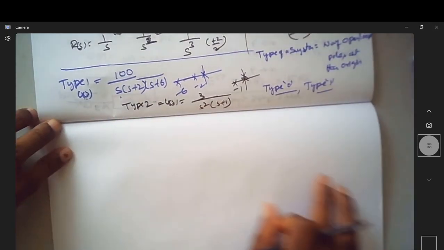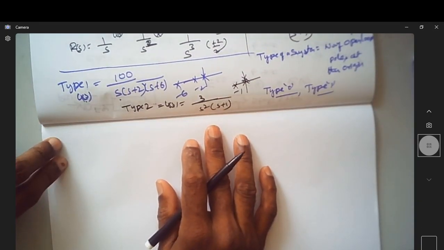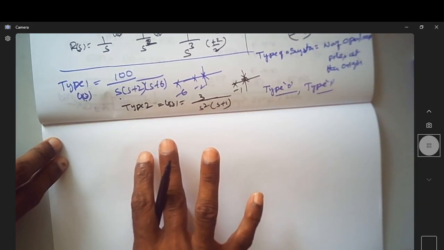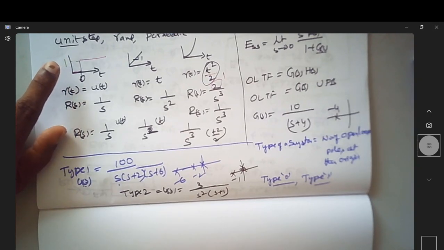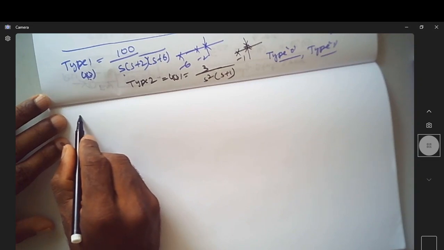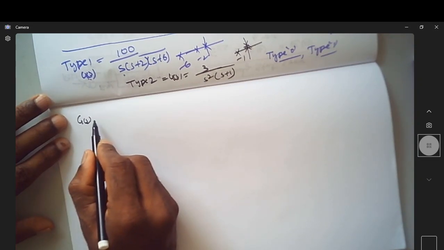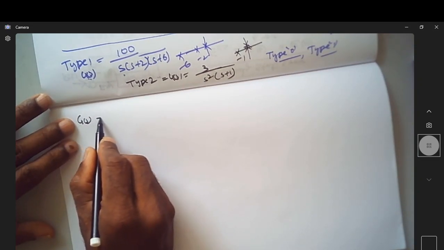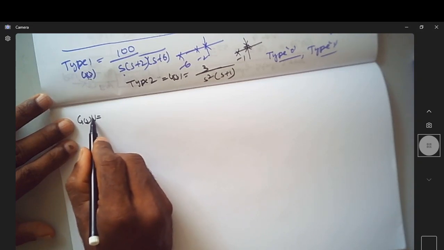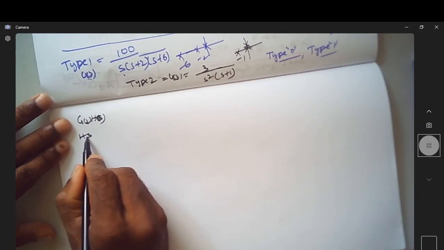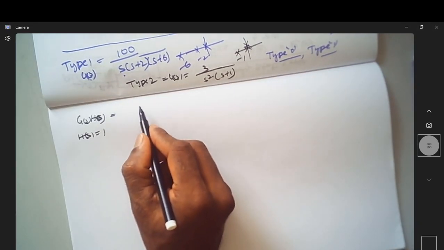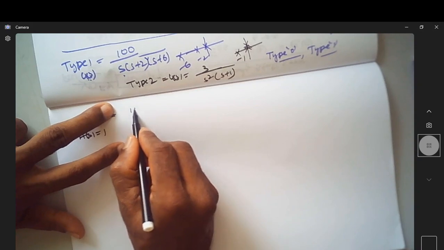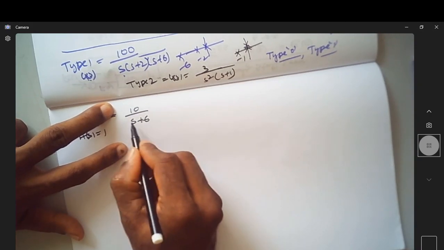Now let us consider a type 0 system, and let us consider the inputs: step, ramp and parabola. Let me consider G(s) into H(s), but H(s) is equal to 1, so I can write this as some 10 by s plus 6.